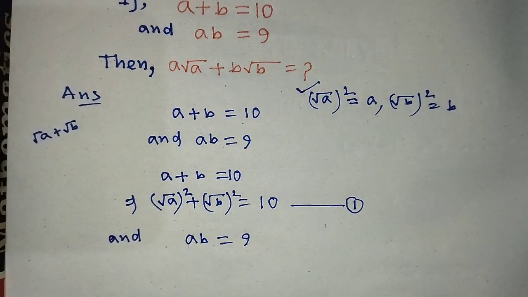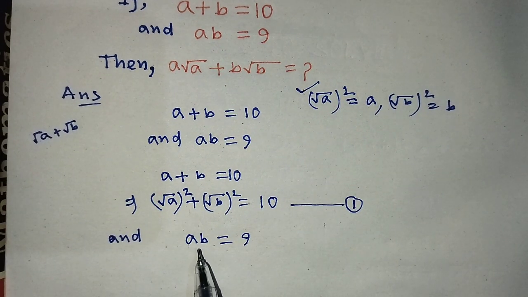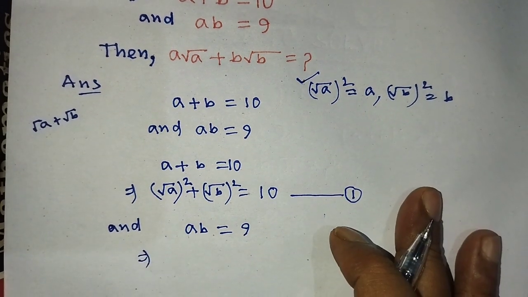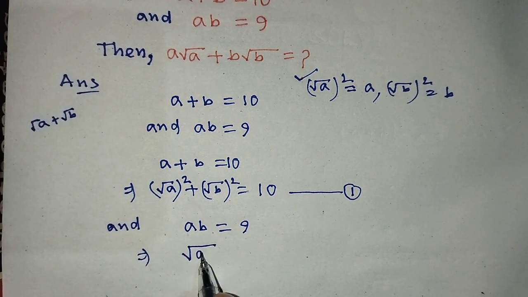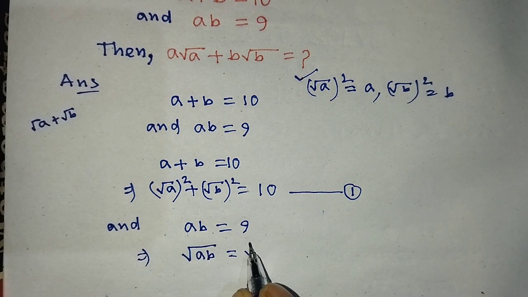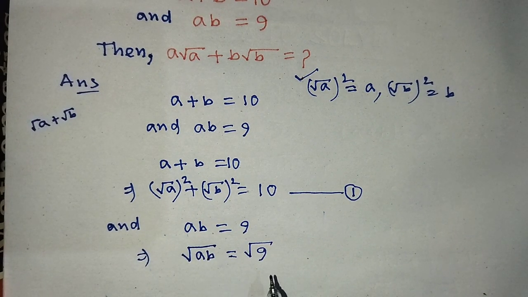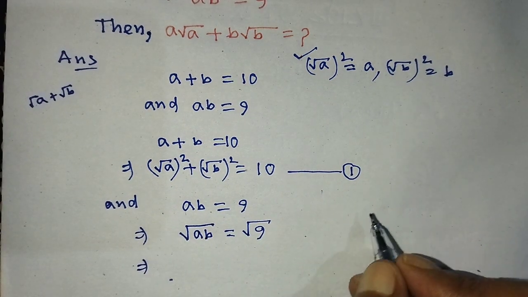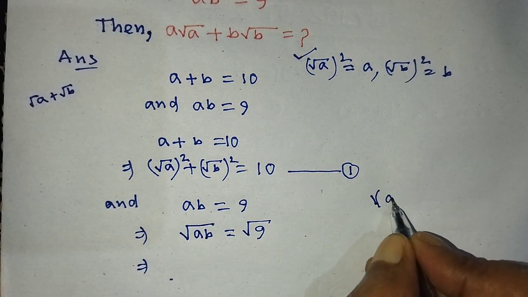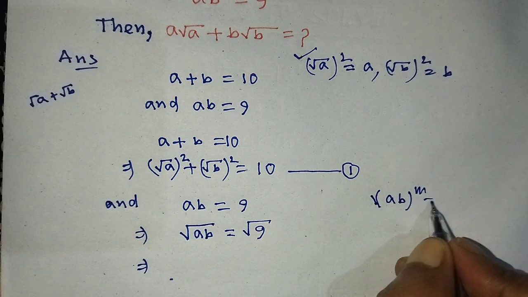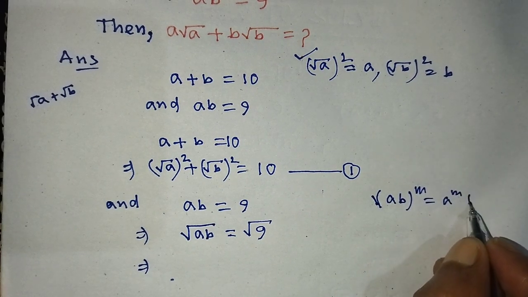Our next equation is a into b is equal to 9. After that we have to take square root on both sides. On the left hand side we write root ab is equal to root 9. Then on the left hand side we apply the formula a into b whole to the power m is equal to a to the power m into b to the power m.